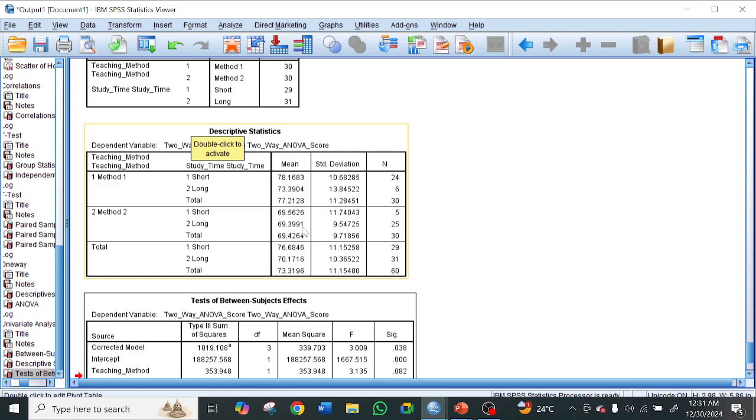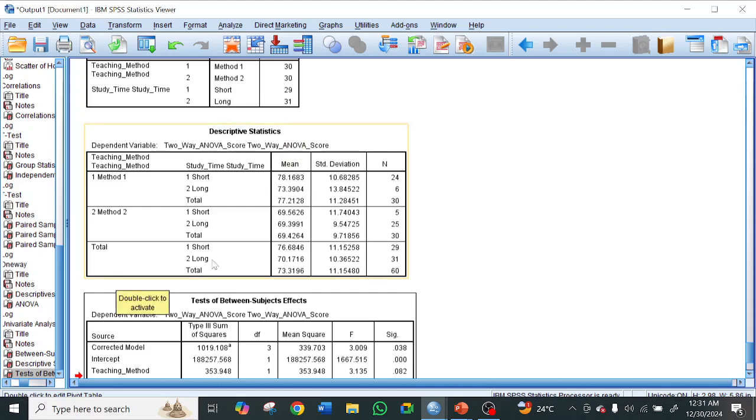So this effect is close to significance, suggesting that method 1 might have a meaningful impact with further investigation or a larger sample. We need to do a larger sample of this study to know the actual effect of method 1, because from what we are seeing now, method 1 seems to be better.